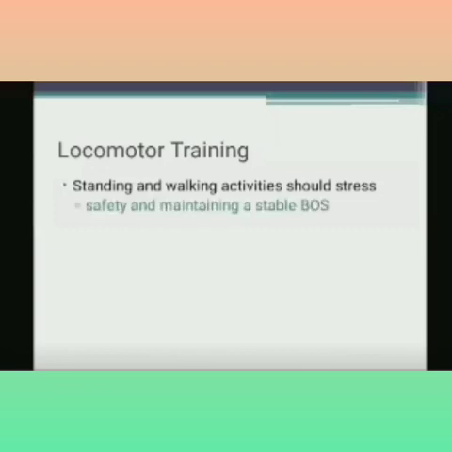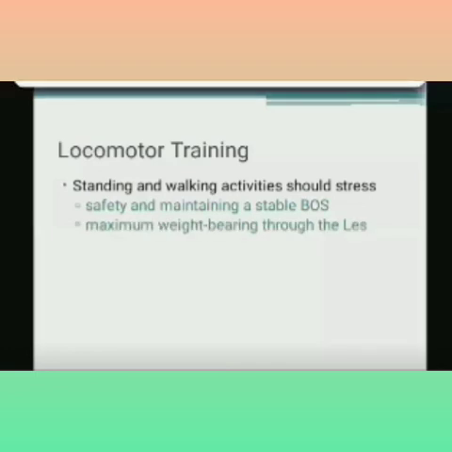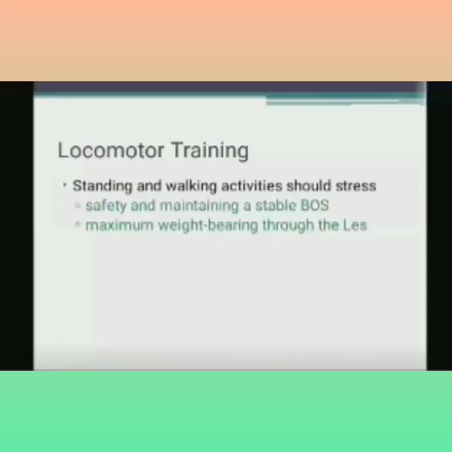Then you have to work on the locomotion or the gait of the patient. Standing, walking activity, you have to train, you have to do the gait training, and work on safety measures, how they can maintain a stable base of support. You have to keep training that. There should be proper weight bearing in the different lower limbs.